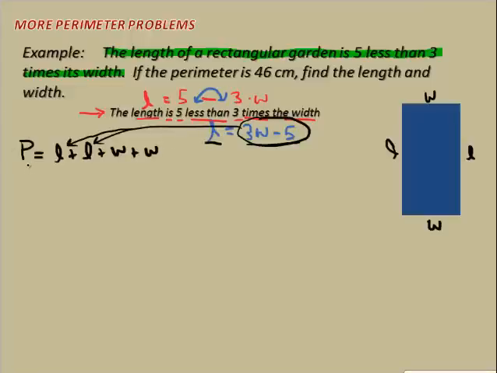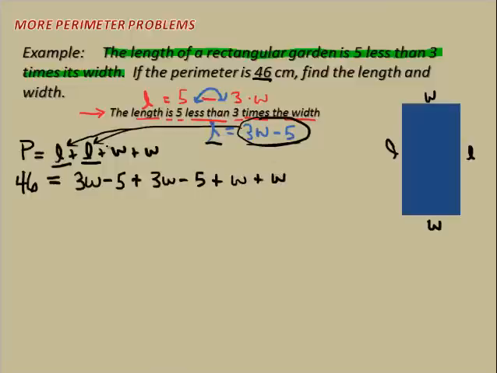I'm going to have P, which is my perimeter, and from the problem it says that that's 46, equals the length, I'm going to use 3W minus 5, plus the length again, 3W minus 5. So those are the 2 lengths, plus the width, which is just W, plus the width, those W's there.